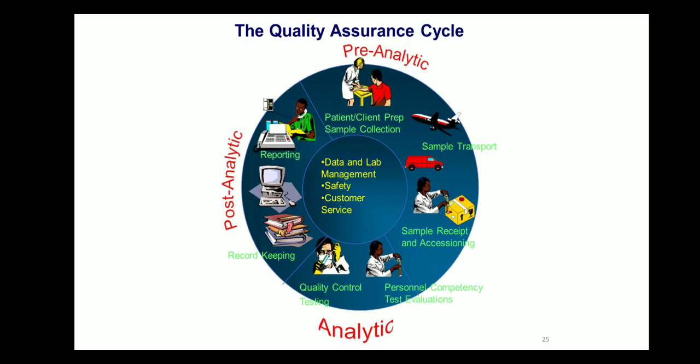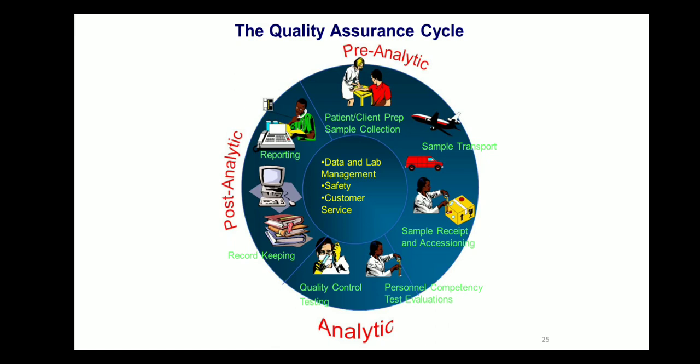So in the quality assurance cycle, all these things are there: pre-analytical, analytical, and post-analytical. What is pre-analytical? It is before the analysis. What all comes before the analysis? Patient preparation, then sample collection, transporting of the sample, then labeling of the sample with proper tests.